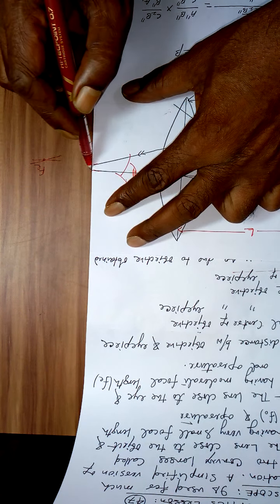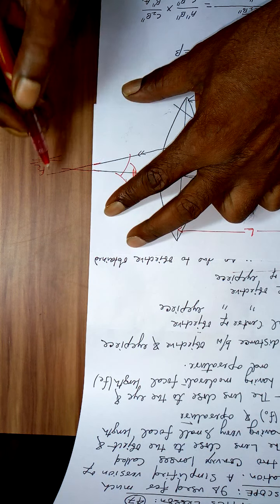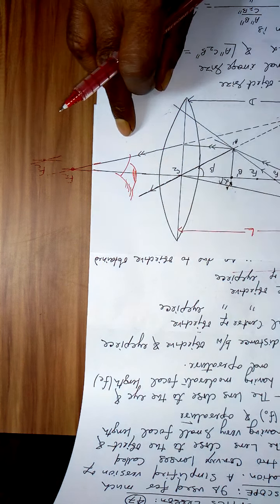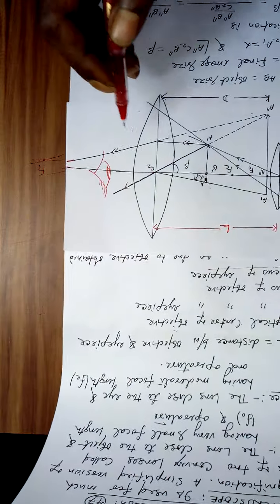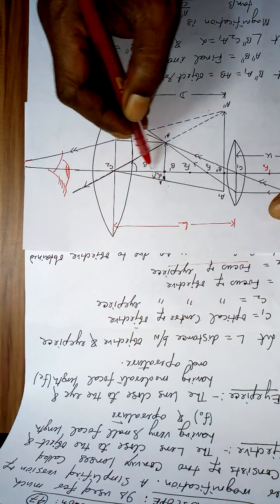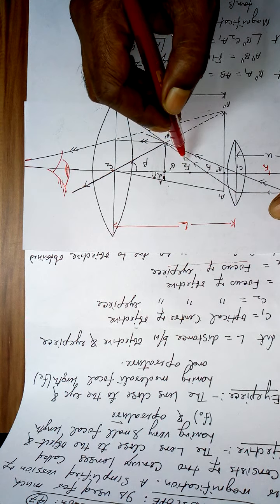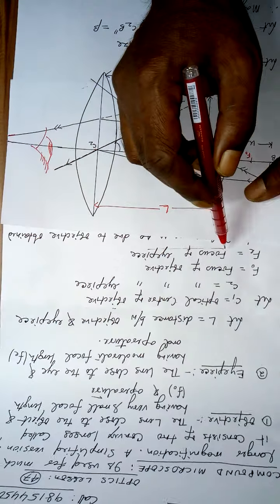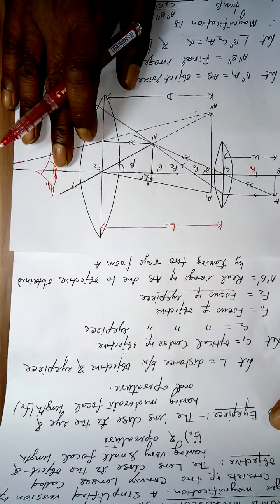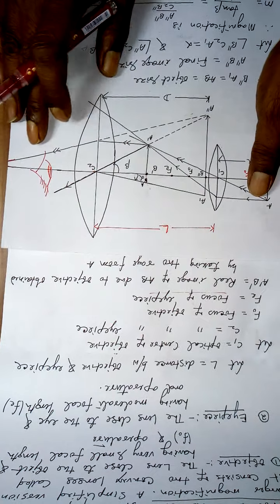If I produce this and this, it will be somewhere near here, FE. And on this side, at the same distance from C2, this point is also FE, the focus of the eyepiece.